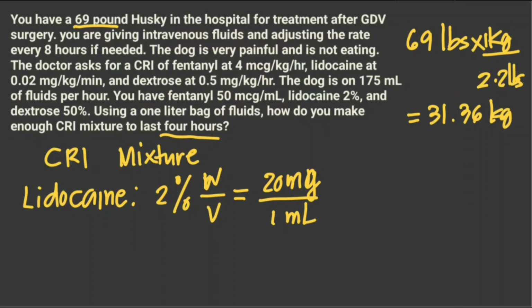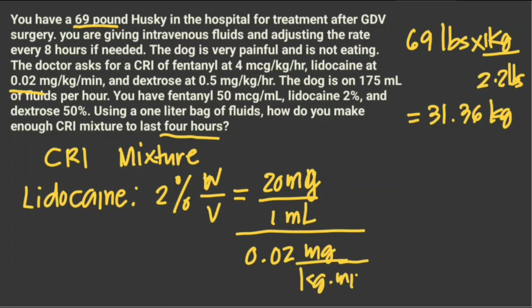We have this on hand, and we divide it by the required lidocaine, which is 0.02 milligram per kilogram per minute. The milligram cancels out, so 20 divided by 0.02 is 1000 kilogram minute per ml.